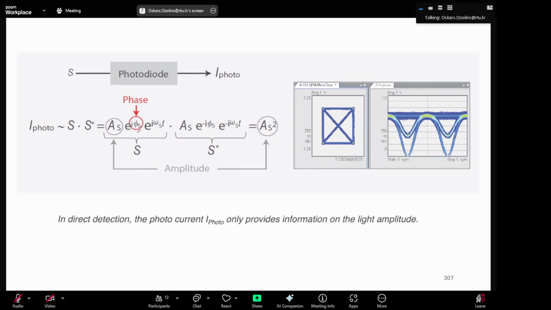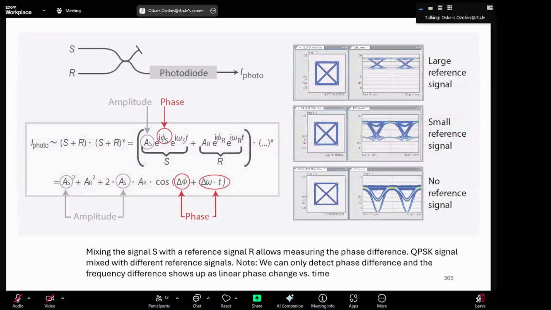As I showed, there was this one bit, one symbol delay interferometer, which could be used. I mean, the principle is similar. So here, for example, you can mix the signal with the reference signal that allows you to measure the phase difference. So QPSK signal mixed with different reference signals.